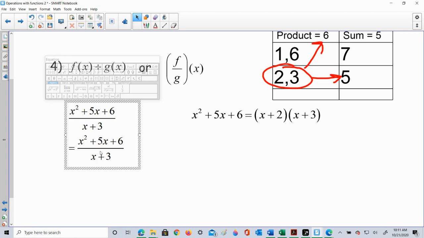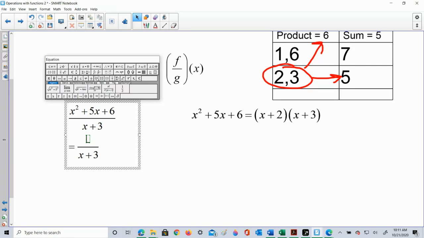I have this whole piece. So I'm going to delete that and just put on top there. I'm just writing it out this way because it looks cleaner. X plus 2 rather than me trying to write this. And x plus 3.